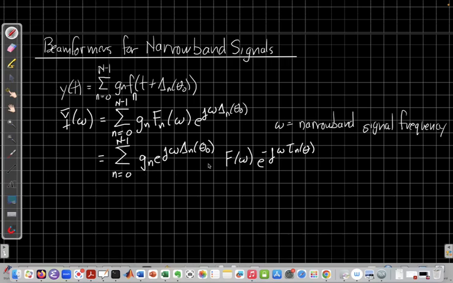These terms all together, the gains and the phases that are being applied to the sensors, we consider the complex array weight. We'll call those w sub n conjugate. At first glance, you might ask, why a conjugate? There's a reason for that we'll see later. I remember when I first saw this, it felt weird to call it w conjugate, but there are good reasons we'll see as we go on.